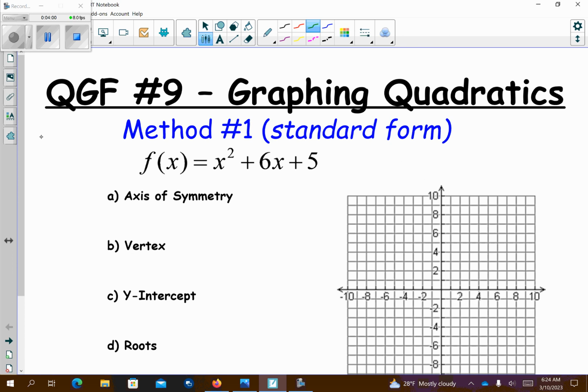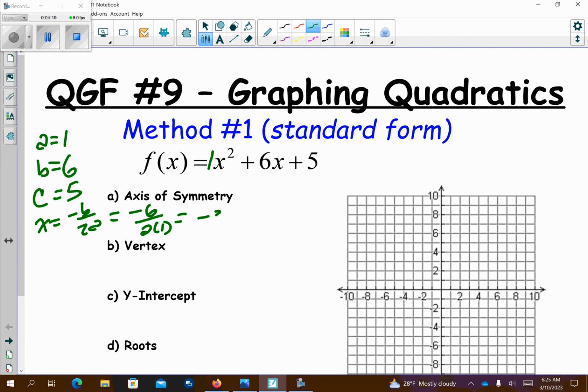So the first thing we had done is we have a equals 1 because there's 1 out front, b equals 6, c equals 5. I'm then going to go x equals negative b over 2a, and that's going to find us our axis of symmetry. So I get negative 6 over 2 times 1, which is going to be negative 3. That's our x value.